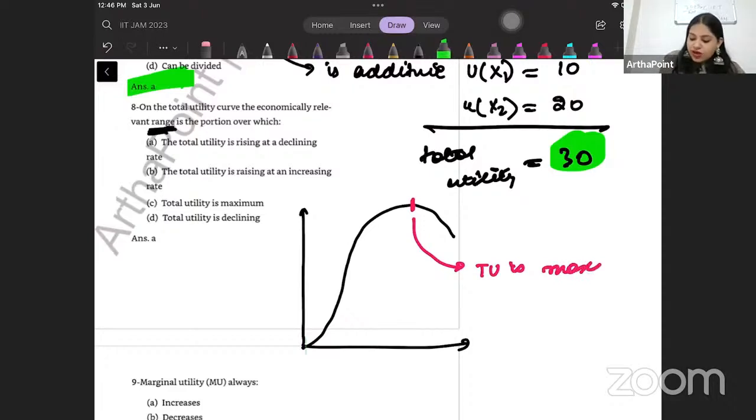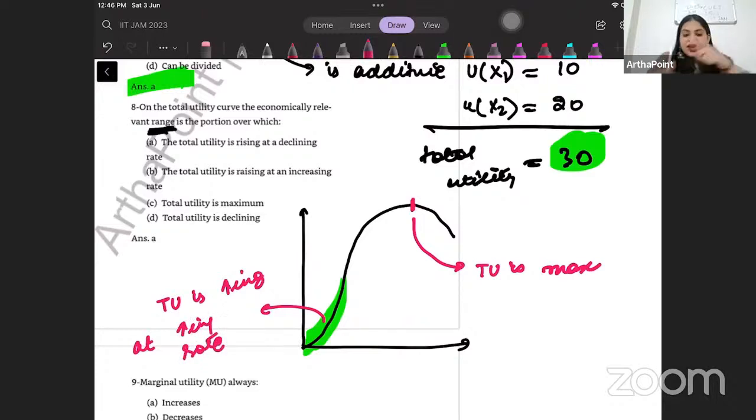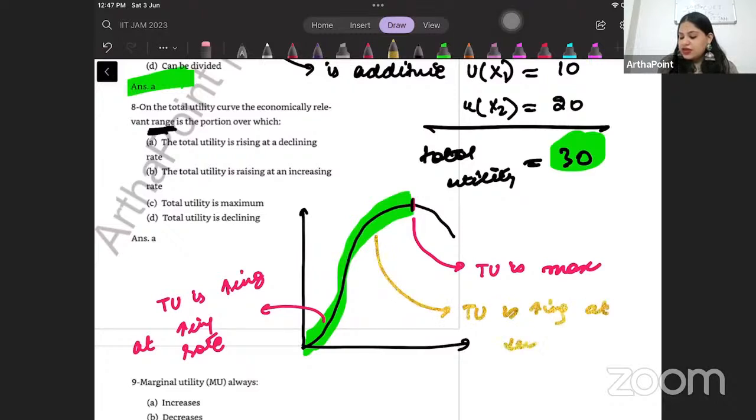But this is the range where total utility is increasing at increasing rate. ना ही सिर्फ बढ़ रही है, but increasing rate से बढ़ रही है. And बेटा this is the range where total utility is increasing at decreasing rate.